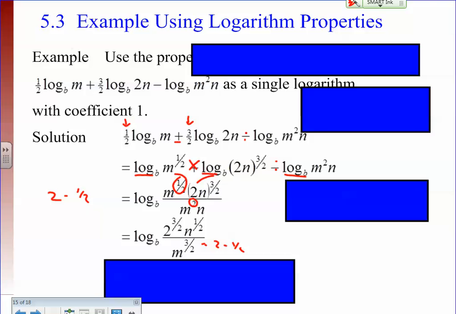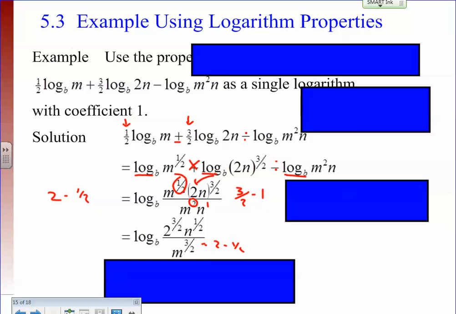And just distribute the 2/3 to get 2, and the n was to the first power minus 1, and so that's how they got the 1/2 left on top. So that's just the exponent rules that you may or may not be that familiar with, but they used them here to simplify the top and the bottom m and n. So they didn't have m and n's on the top and the bottom, they just had n on the top, m's on the bottom.